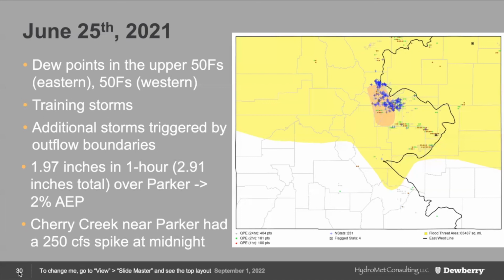But you did get a nice 250 CFS spike at midnight at Cherry Creek near Parker. And so it's always very interesting to see these heavy rainfall events and then the delay in riverine response. So yeah, this was another example of how we take into account higher population areas and impervious areas when we're going ahead and drawing our threats.